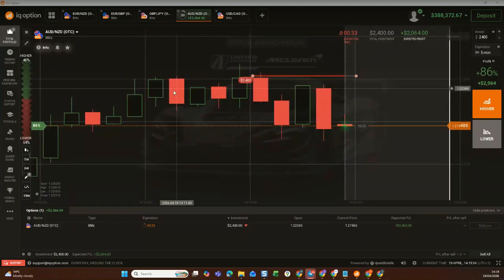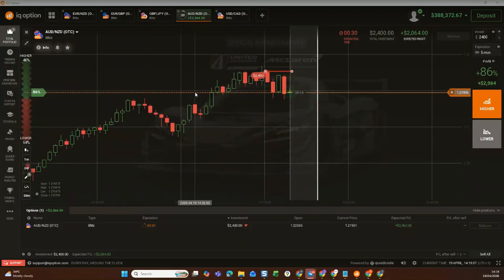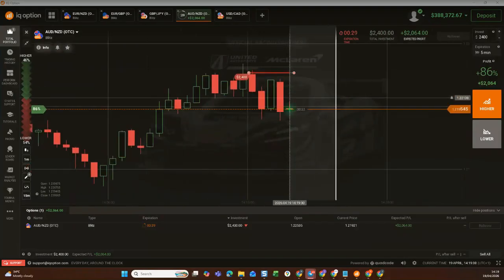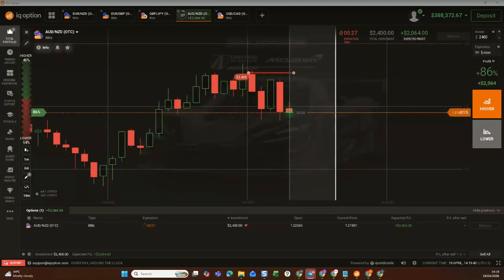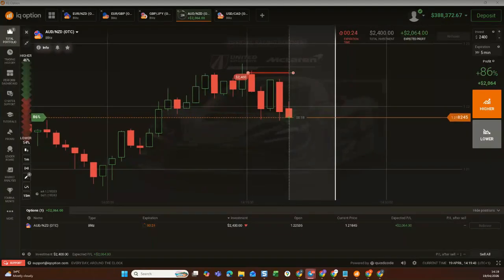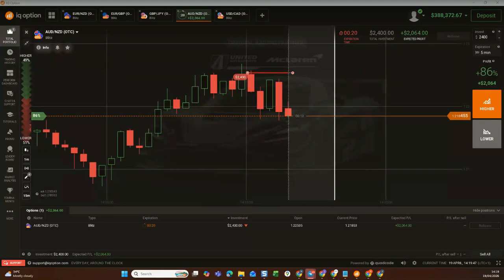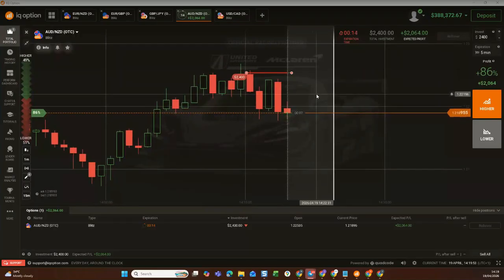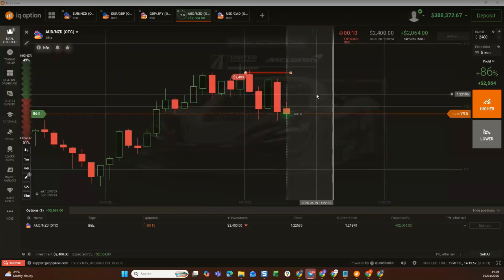Okay, guys, it looks like we're going to seal this particular one on the second martingale level. Seeing a lot of new faces. So it looks like we are about to seal this one also.